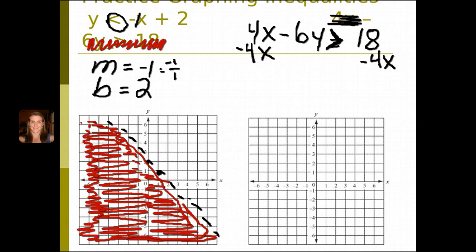Leaves us with a negative 6y is greater than negative 4x plus 18. Those cannot be combined because they are not like terms. One more inverse operation in order to get y by itself would be to divide everything by negative 6.